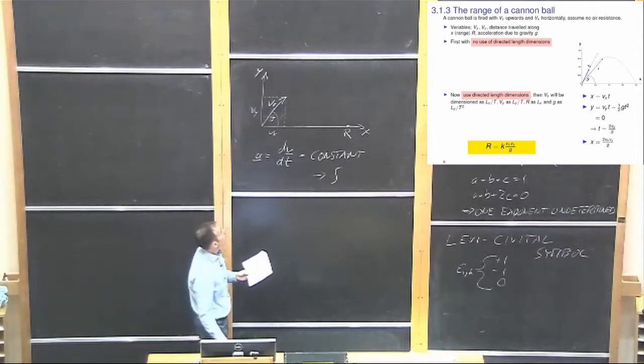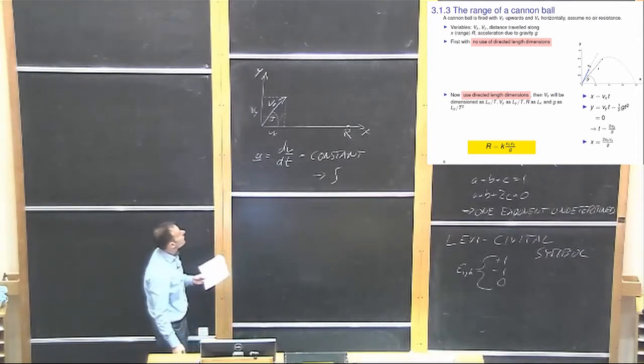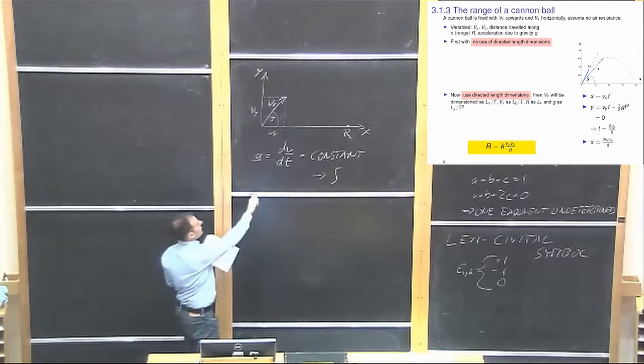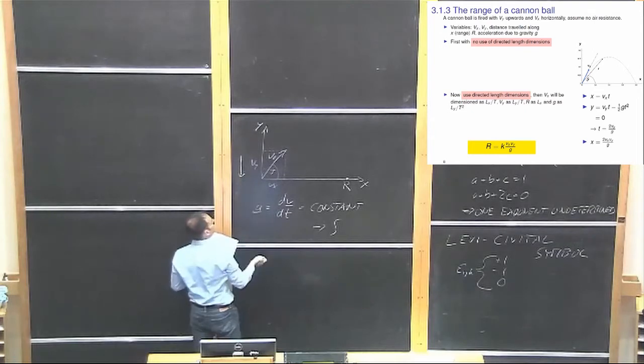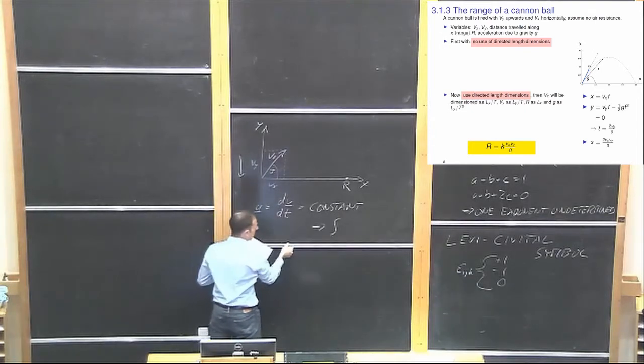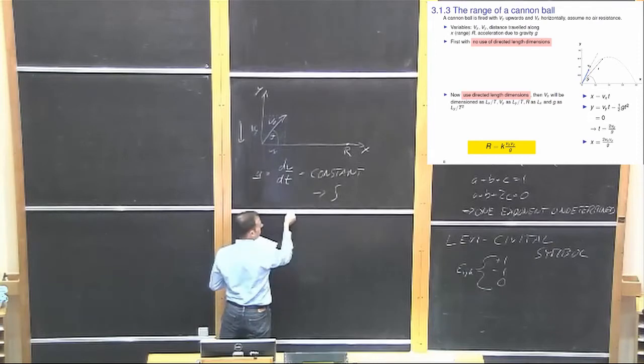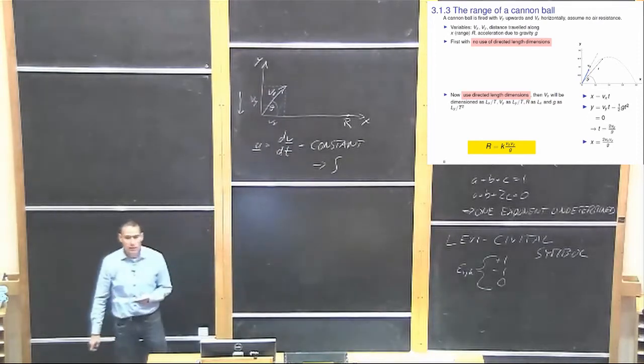But we can simplify that, or we can take an alternative route by recognizing that the gravity here is only changing the component in the y direction of the velocity and not in the x direction.